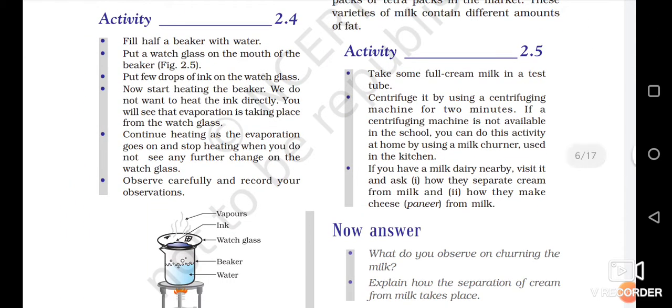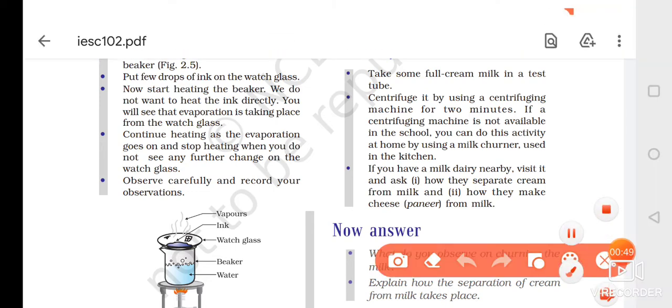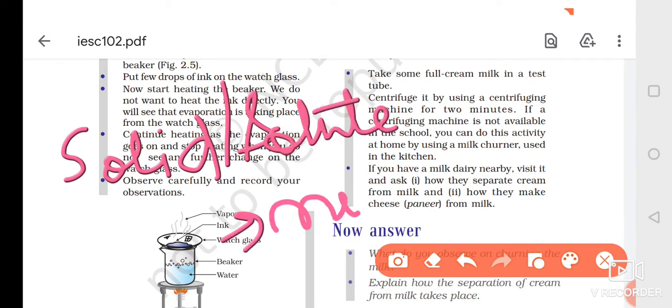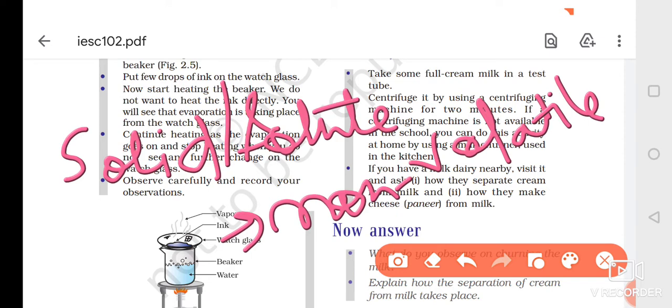Now what is the principle where I will use the evaporation technique? In case of evaporation, my solid or solute is non-volatile, which means it cannot be vaporized easily.